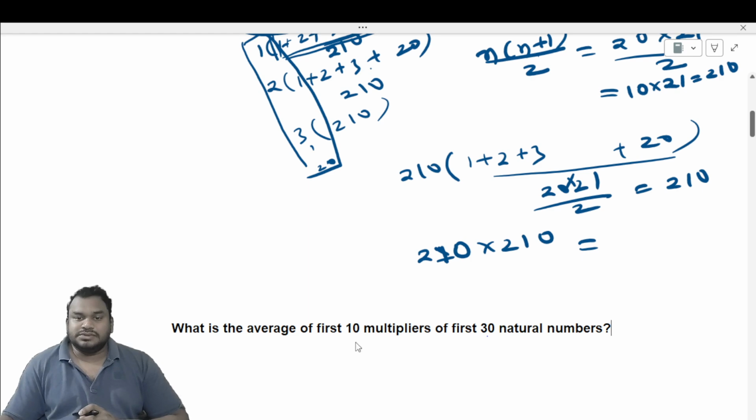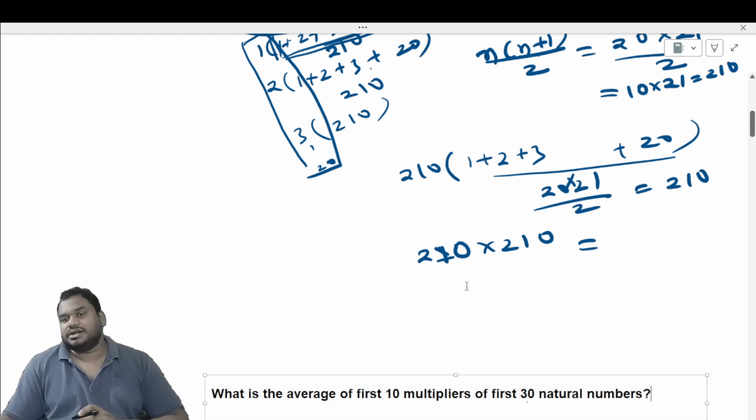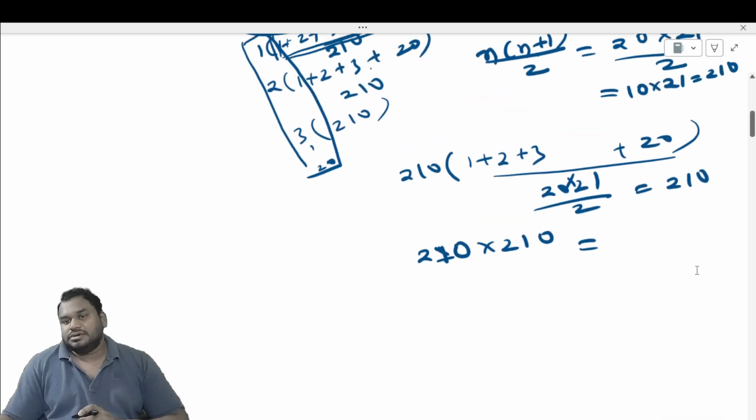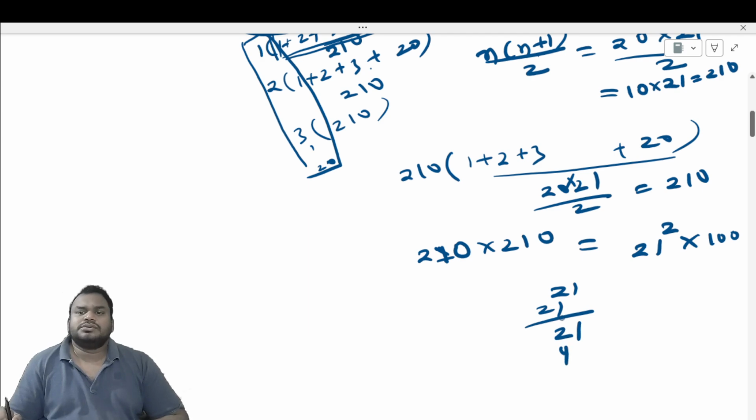So what is the value of 21 square? You can say 441, or you can verify it. See, this is nothing but 21 square into 100. 21 square you can calculate, if you remember it's okay, otherwise 1 into 1 is 1, 1 into 2 is 2, 2 into 2 is 4, 2 into 1 is 2, 2 into 2 is 4, 441.